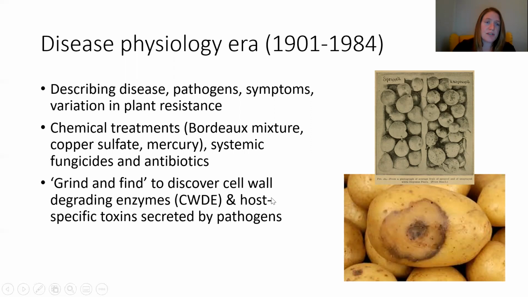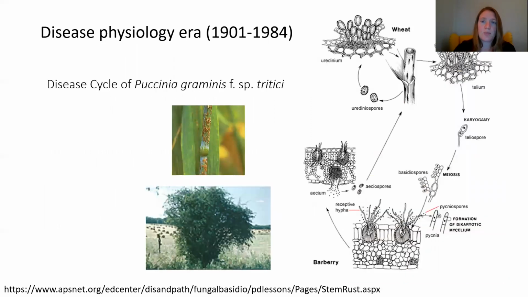We also saw host-specific toxins, and we also developed things called disease cycles. This is a visual representation of the entire life cycle of a plant pathogen. This specific example is from the wheat stem rust that I was describing before.